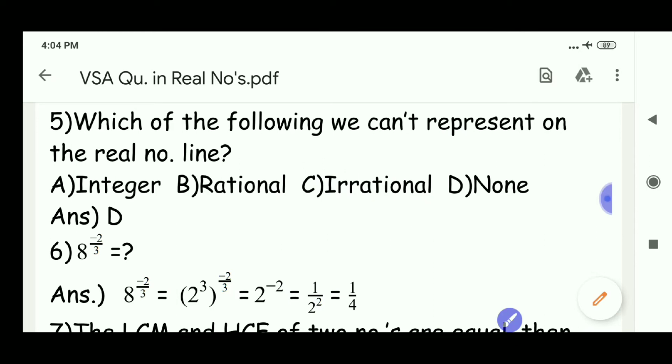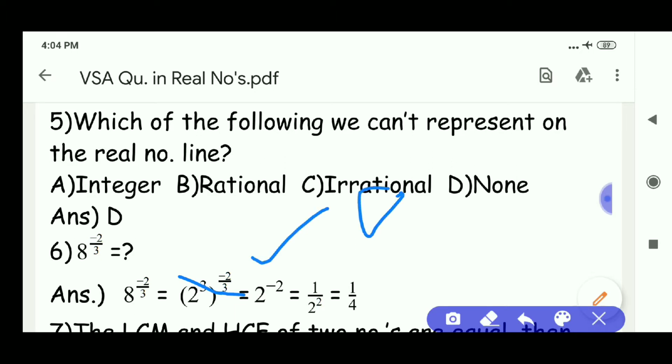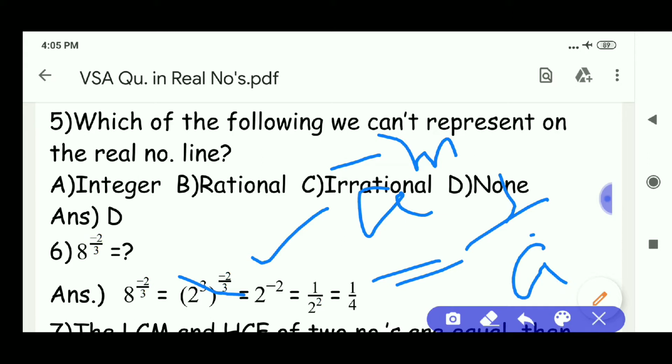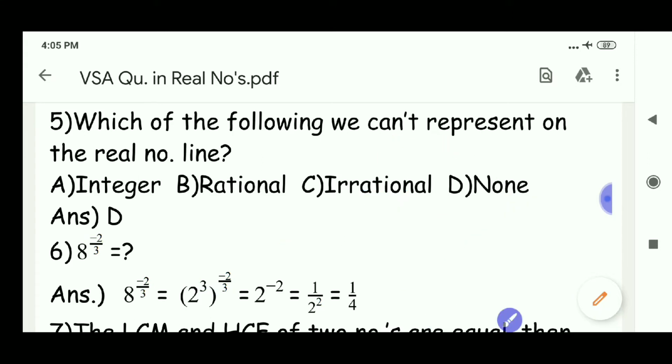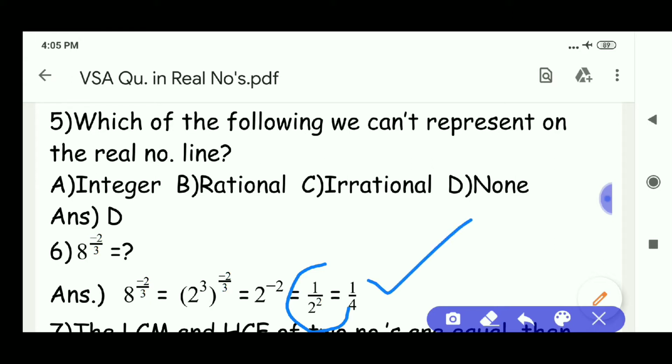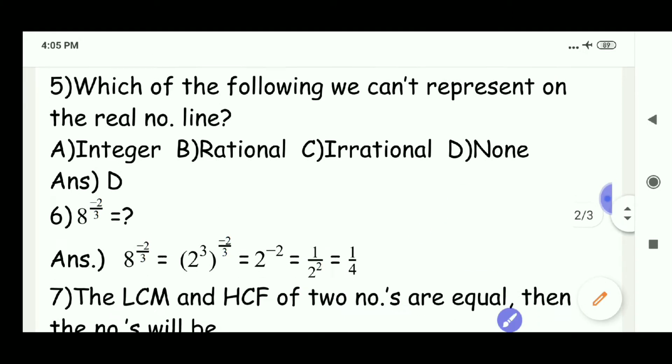By multiplying, the 3 and 3 cancel, and it becomes 2 power minus 2. Again we apply the formula a power minus m is equal to 1 by a power m. Then it becomes 1 by 2 square, which is 1 by 4.